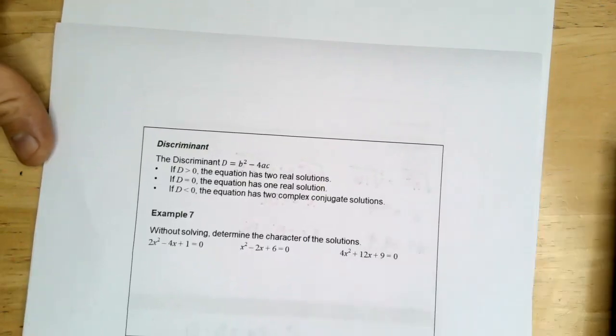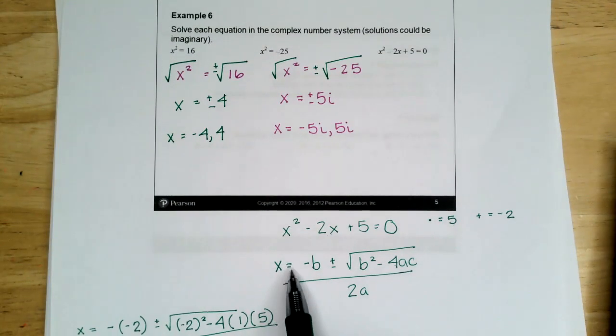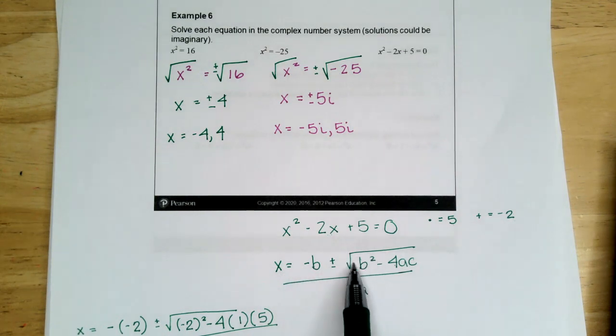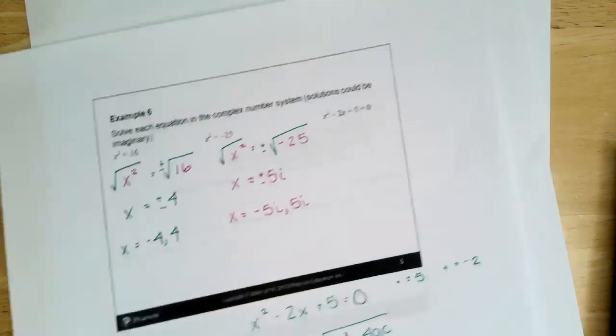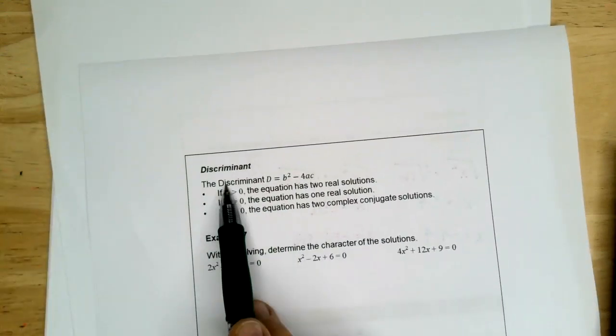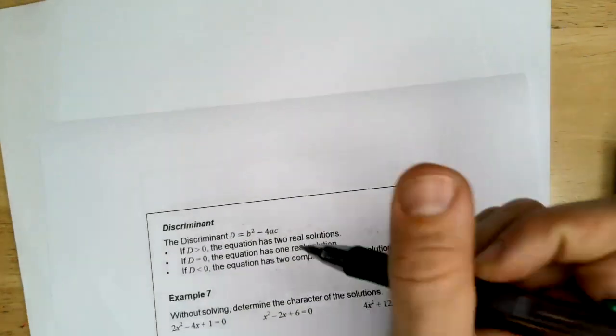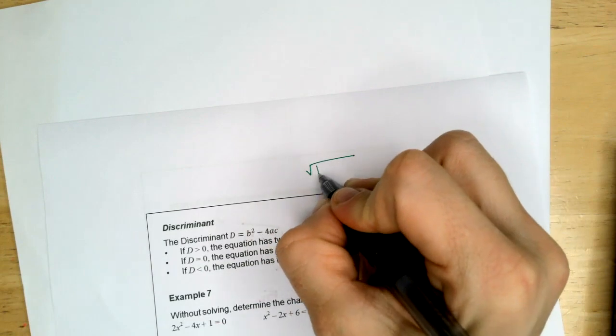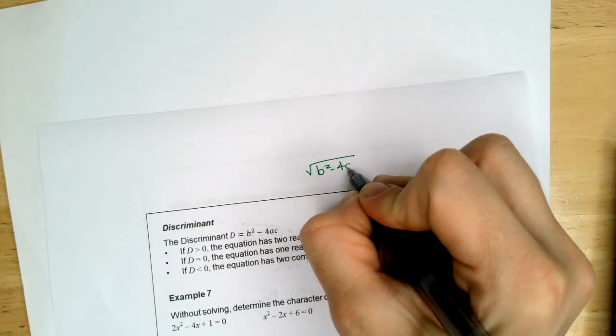Complex number solutions. All right, the discriminant, if you notice, x equals negative b plus or minus the square root of b squared minus 4ac over 2a. The discriminant is everything that was under that radical, b squared minus 4ac, right?